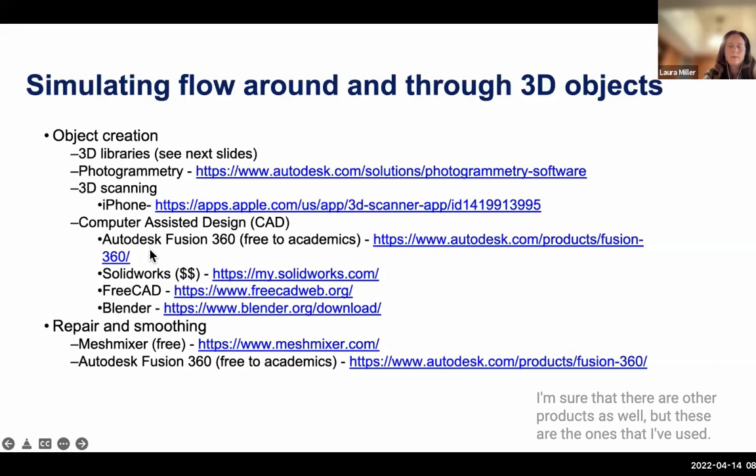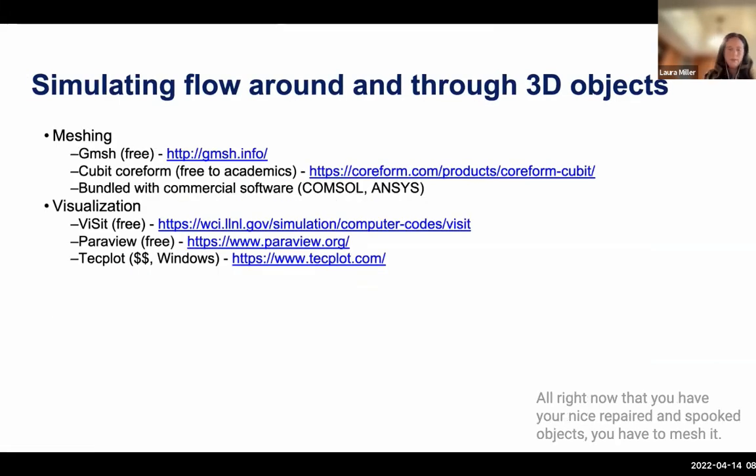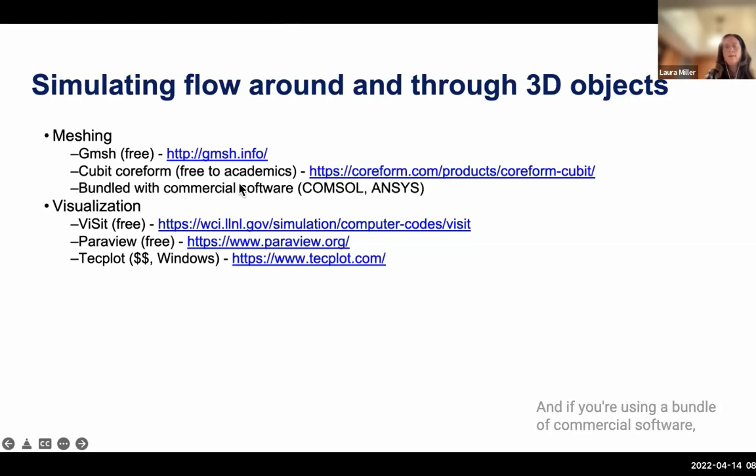All right, now that you have your nicely repaired and smoothed object, you have to mesh it. And so Gmsh is free, and that was used in the reproducibility paper. There's also Cubit, which is now free to academics. And if you're using a bundled commercial software like COMSOL or ANSYS, they will have their own mesher.